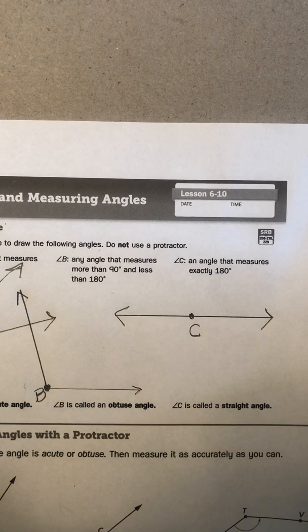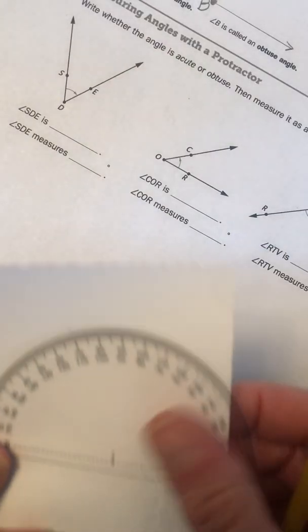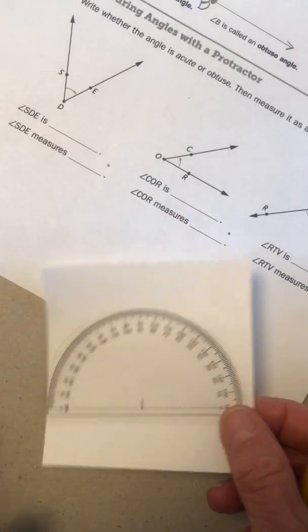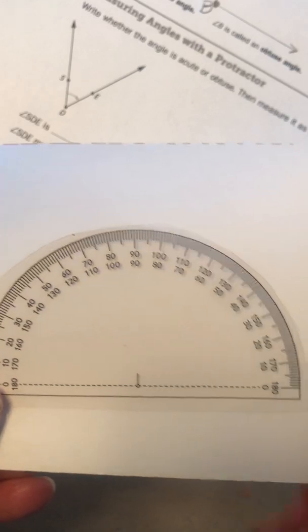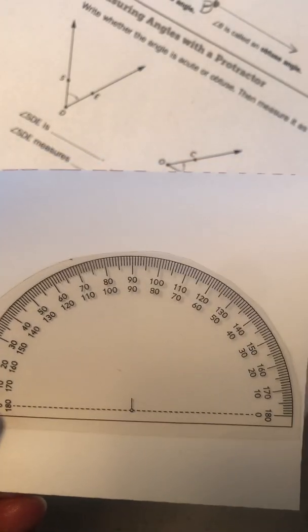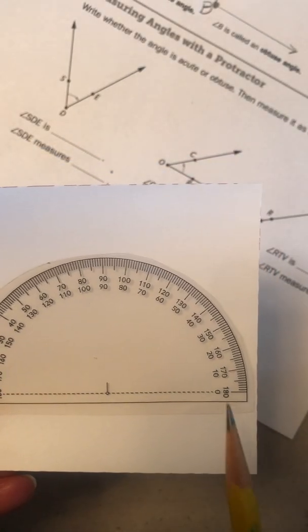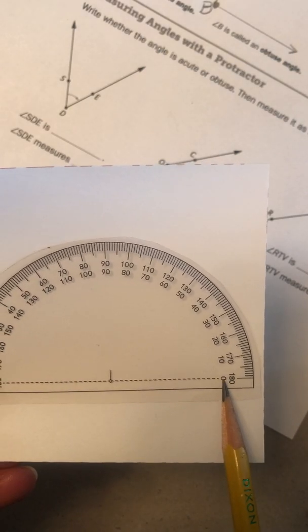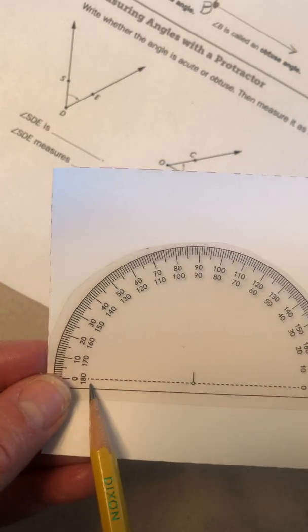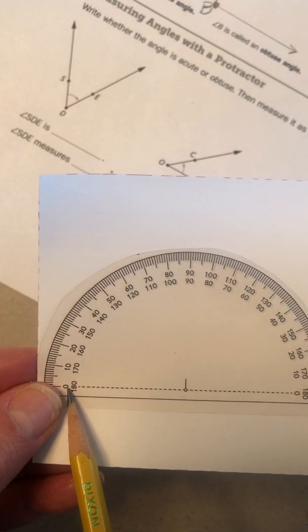Now what we're going to do is look at our half circle protractor. I just have a white piece of paper behind it so that you can see it a little bit better because it's copied on a transparency. But you'll notice here at the right-hand side, you have the numbers 180 and 0. On the other side, the number 0 is up at the top.